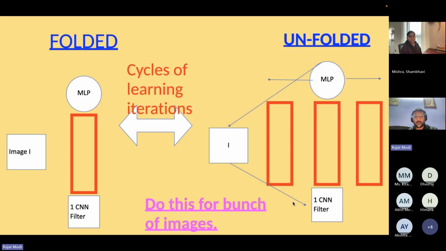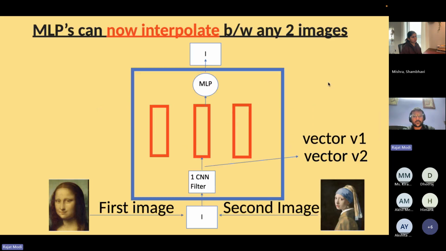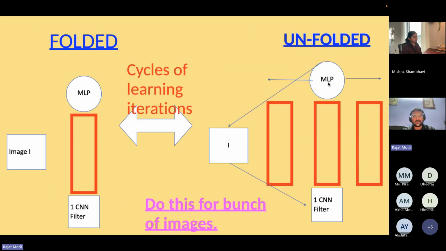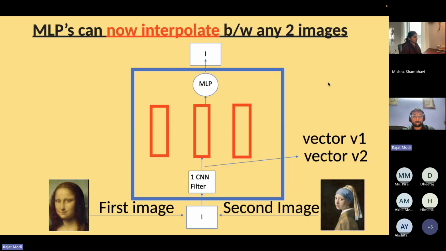This is a cyclic learning process, and it's self-supervised because the loss here is just L2. You're trying to predict the same image you fed in. I would also like to say that we have used such inductive bias earlier in some architectures like masked autoencoding and other places like that. So you do this RGB reconstruction for a bunch of images, and then this MLP will start doing some magic, which I will explain now.